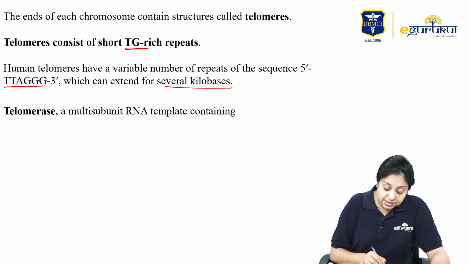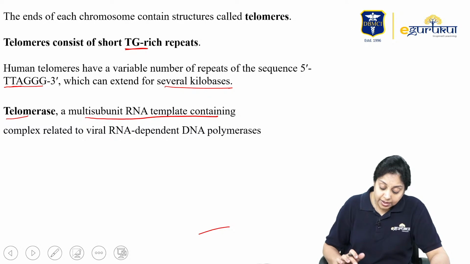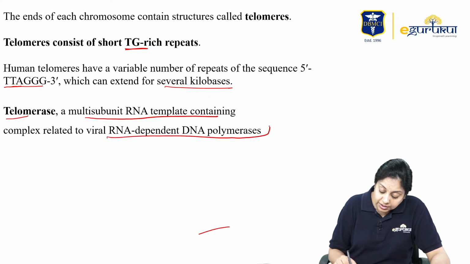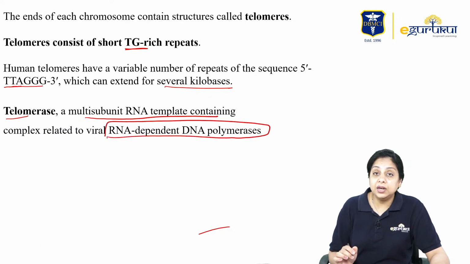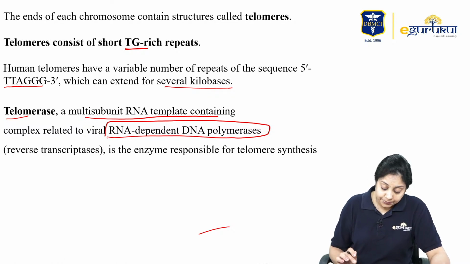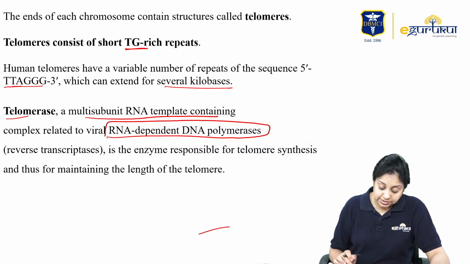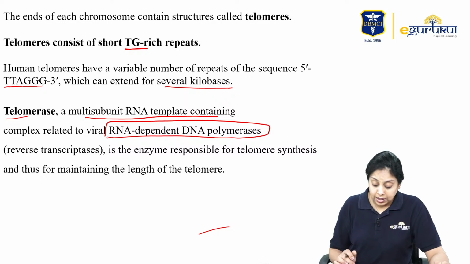Telomerase is a multi-subunit enzyme with an RNA template which contains an RNA-dependent DNA polymerase, meaning it is a reverse transcriptase, responsible for telomere synthesis, thus helping to maintain the length of the telomere.